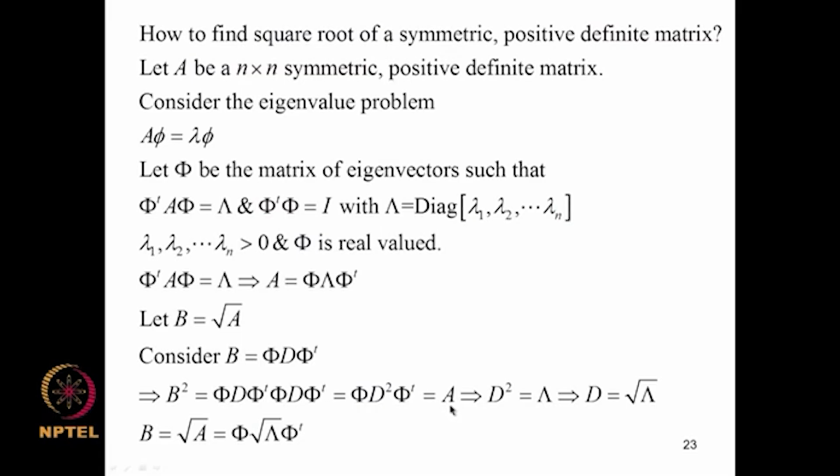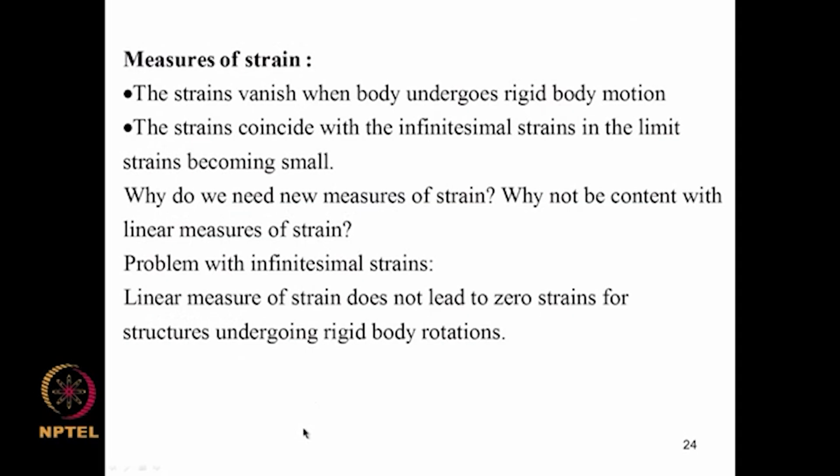This is equal to A because B square is A, and consequently by comparing these two relations I get D square will be equal to capital lambda, and therefore D is square root lambda. So, B is therefore obtained as phi square root lambda phi transpose. So, this gives an interpretation of what is the square root of a matrix.